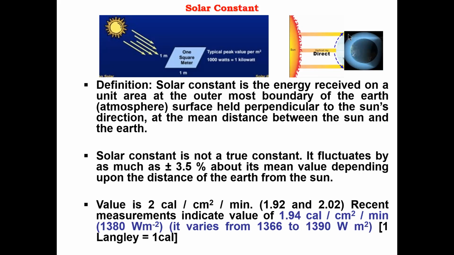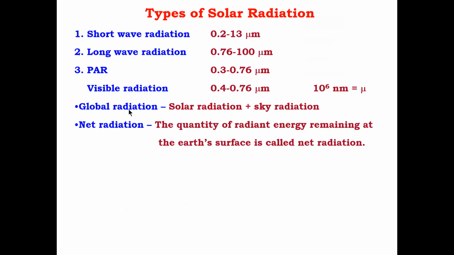This is the solar constant: the energy at the upper edge of the atmosphere, out of which some is received at the surface of the Earth. The total radiation received at the surface of the Earth is called the global radiation, and global radiation is the solar radiation plus sky radiation, that is diffuse radiation.